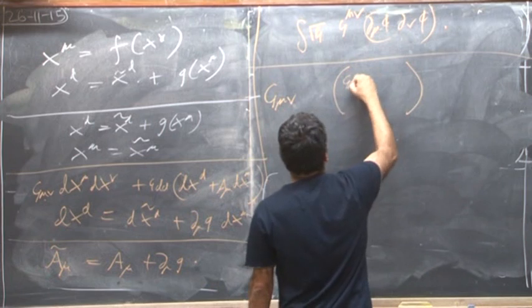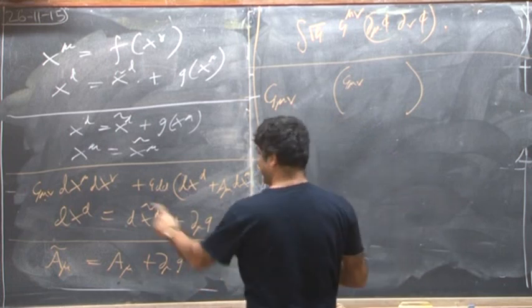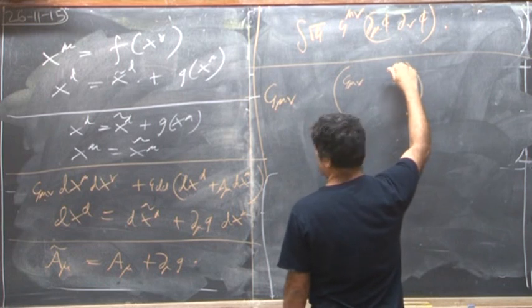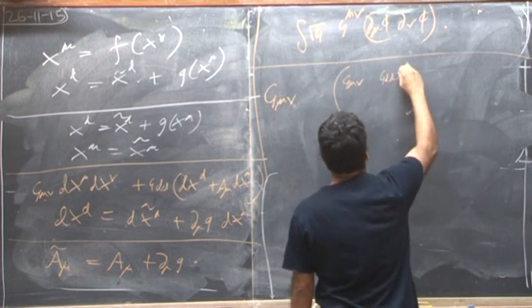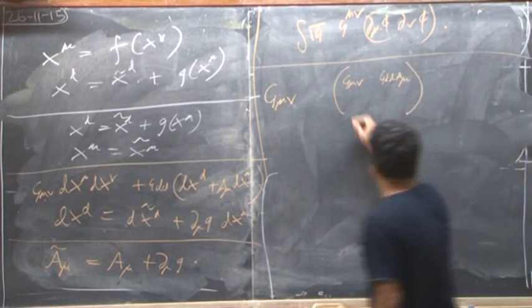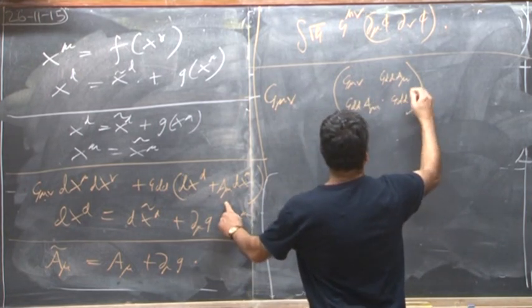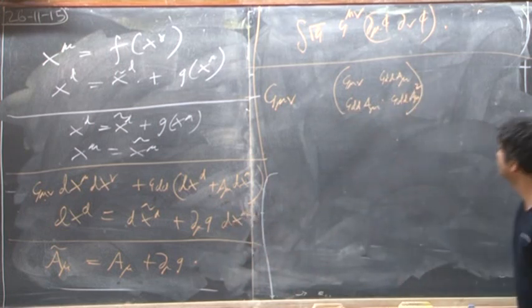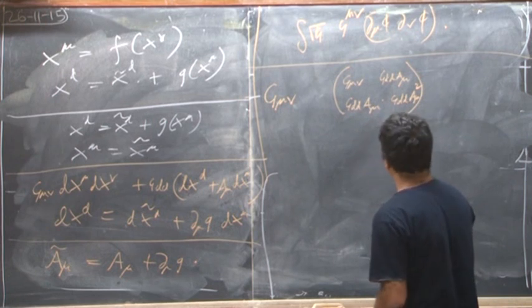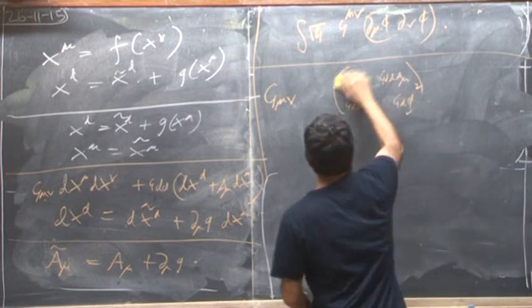We've got G mu nu, then, according to our Lagrangian, we've got G_dd A mu, G_dd A mu, and we've got G_dd A mu squared. And this is just G_dd.